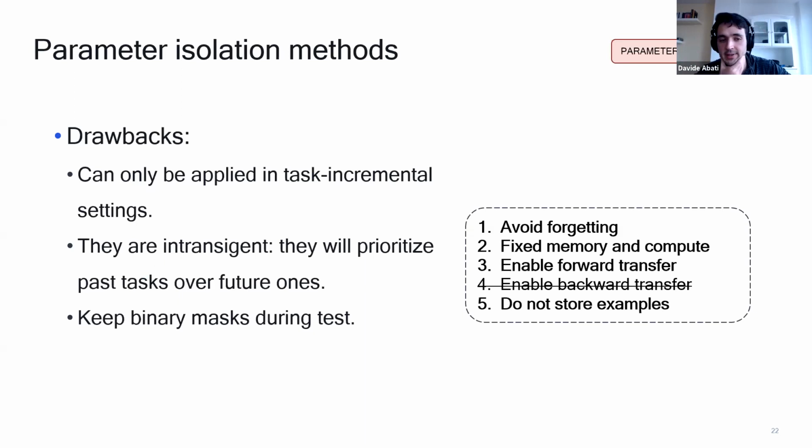And they are very intransigent. Those weights are frozen, so you can basically run out of free parameters as you learn new tasks, and learning will stop basically. And yeah, there's a small memory overhead, because we have to keep binary masks during test.